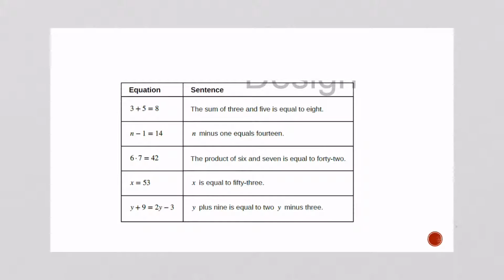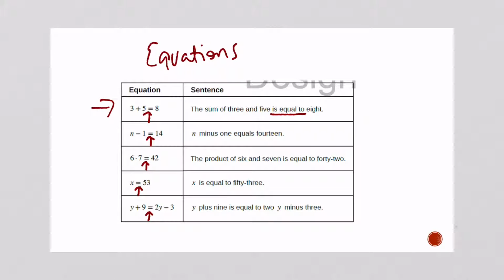Okay, this page is just a little bit different than the last one. I want you to notice that on every single one of these we have an equal symbol. That means that these problems right here are equations. If it has an equal sign, it is an equation. So on this top one, the sum of 3 and 5 is equal to, notice that right there, 8.